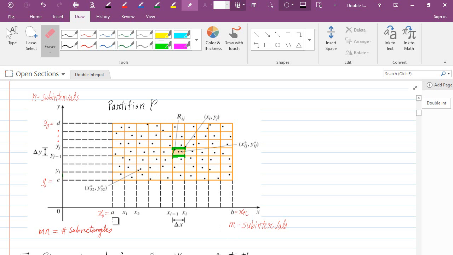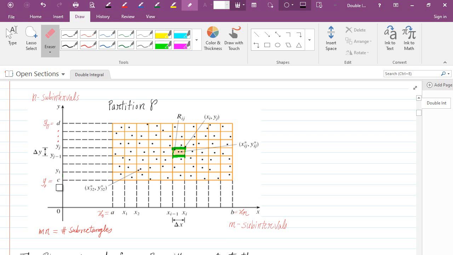Notice that I'm breaking up this rectangle along x1, x2, x3, x i minus 1, x i, up to x n, which is b. So if we draw these vertical lines at x1, x2, and so on, that's going to break up the region R into vertical strips like this. So let's say we have m vertical strips here.